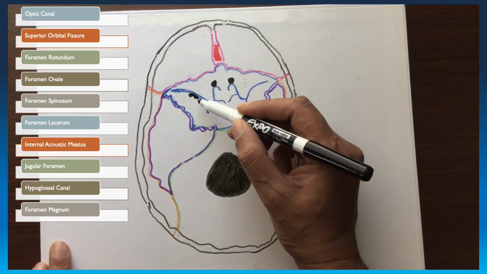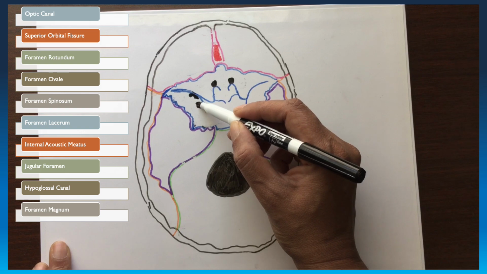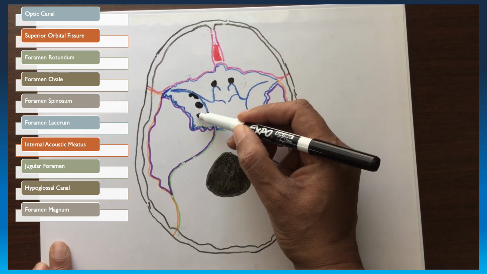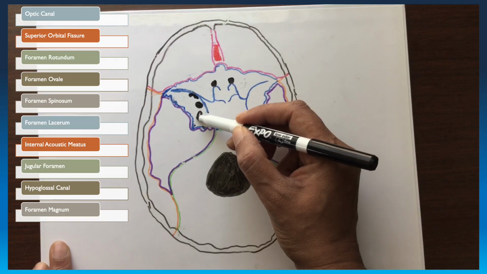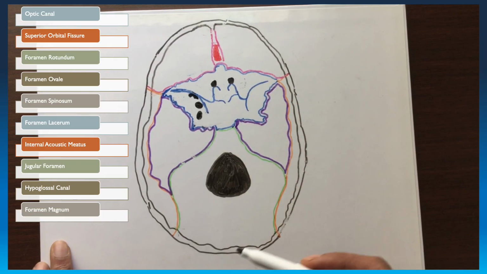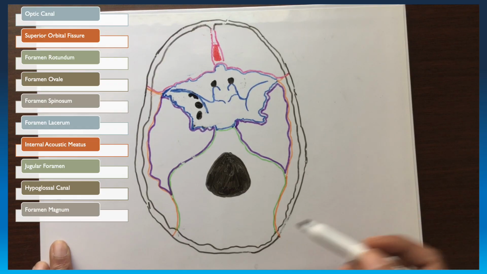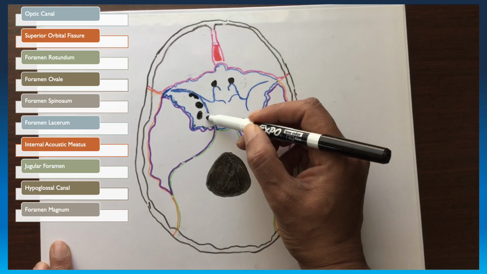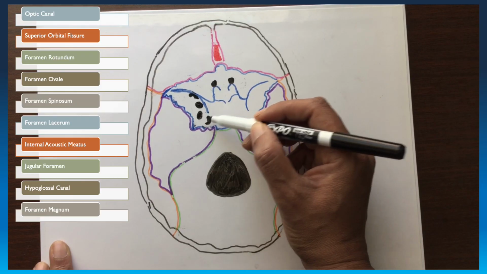And then after that, what comes next? We've got the rotundum, which is going to be right here, and it will be round. After the rotundum, we know that we've got ovale, which will have this oval appearance. So foramen ovale. And then after that, we want to find the other one, which is the lacerum. And that's more like a laceration. It's like a teardrop almost.